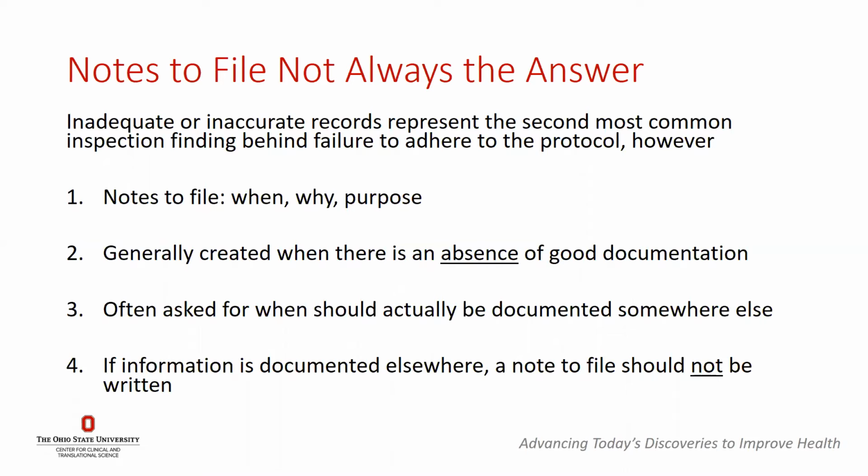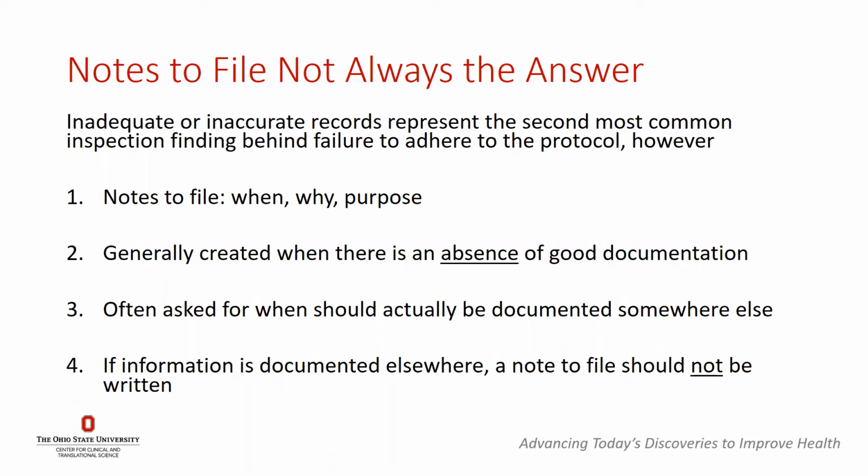So for instance, for my study where we randomized the child a little bit differently as to the timing of the procedures for the benefit of the child, because we had put a note to file in, that is what saved us. Now, the note to file did not need to go into the regulatory binder. I was a new enough coordinator at that time, I just documented it everywhere because I wasn't sure.